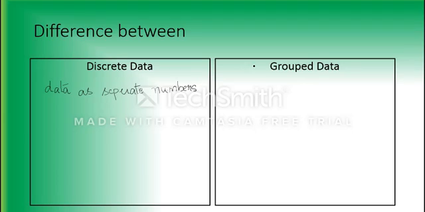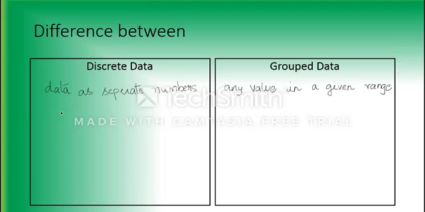Whereas in group data, the data is generally a value which falls within a given range. So it could be any value which falls within a given range. The main point of distinction is that discrete data is generally in the form of whole numbers, whereas group data could be decimal values or fractional values as well.